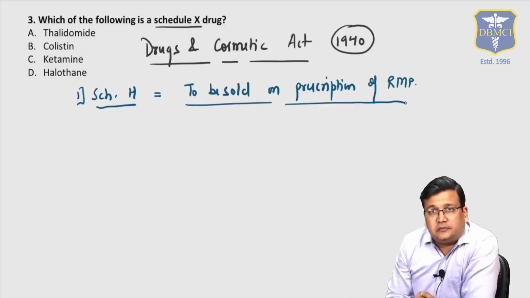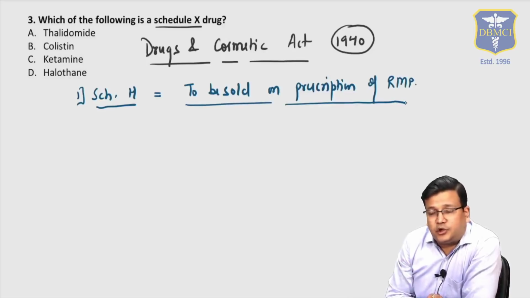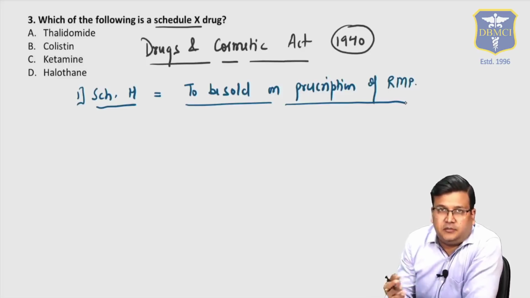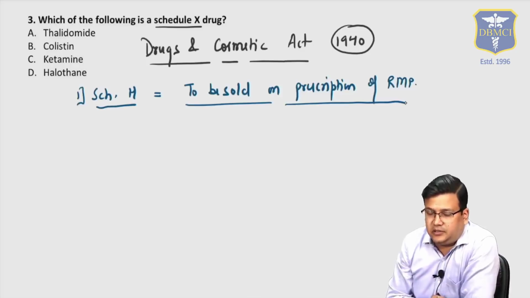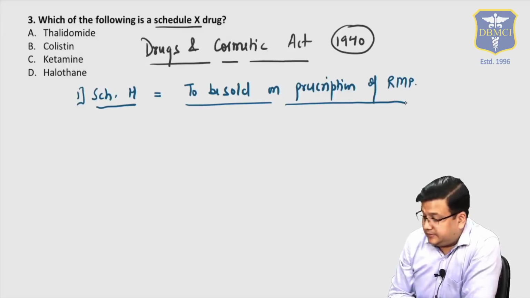So the pharmacist or the one who has a medical shop should sell these drugs only when the patient is able to produce a prescription of a doctor or registered medical practitioner. All such drugs are placed in Schedule H of Drugs and Cosmetic Act.